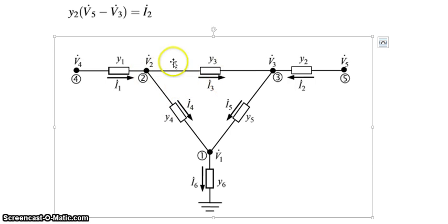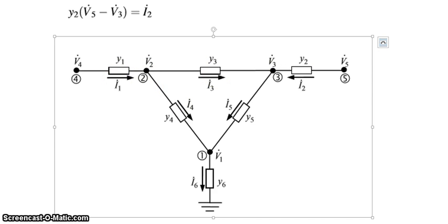When we are considering this node, we have to write with respect to V2, and here V4. We have to see the current, whether it is coming or going, and based on that we write the equation.